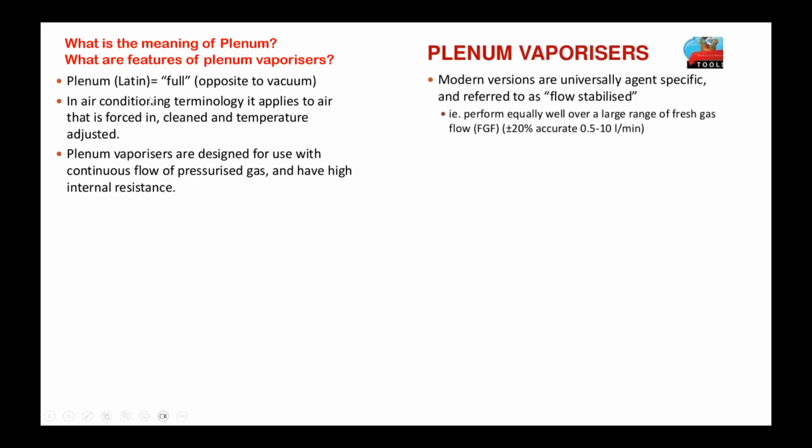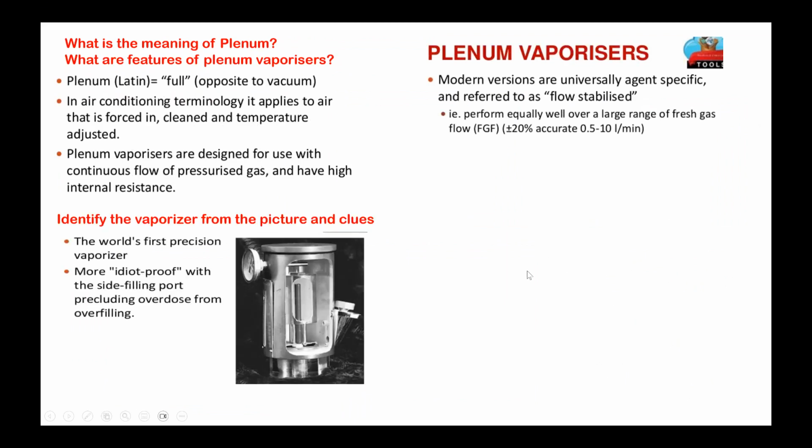The meaning of plenum is full. So in air conditioning terminology, it applies to air that is forced in and cleaned and temperature adjusted. So plenum vaporizers are designed for use with continuous flow of pressurized gas and have a high internal resistance. And this is how the plenum vaporizers work.